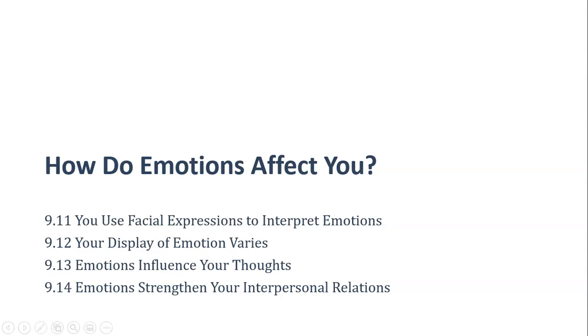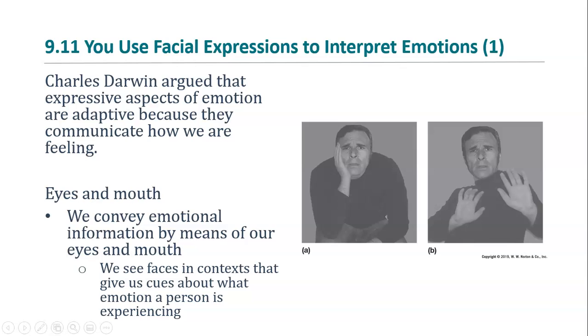So let's look at some of the ways that our emotions are useful to us, that we can use them to improve our lives. Emotions weren't really studied for a long time in human history. One of the first people was Charles Darwin, who is, I guess, more well known for other work.